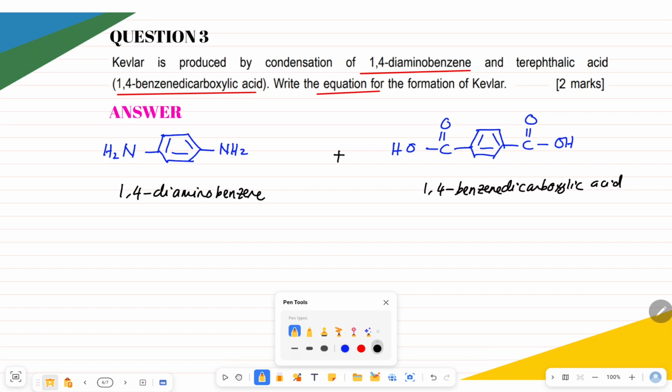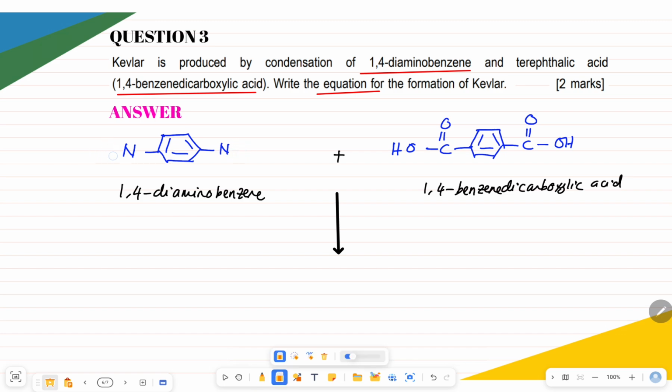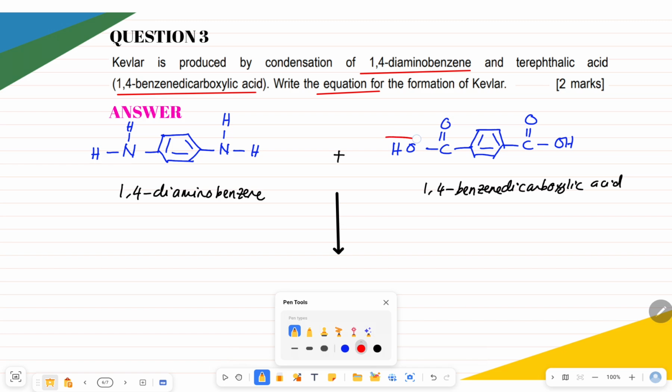Okay, so to write the equation, you need to write the arrow to the bottom. And then what happened is, you are going to remove water. So how do you remove water? First, from NH2 on the left and the right hand side, we can draw a little bit expanded like this. Why? So that you know it's going to remove your OH from carboxylic acid and H from your amino.